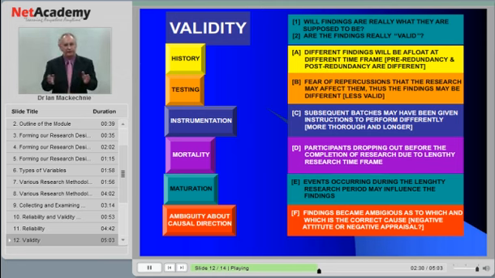Also, we talk here about mortality. If our research is done over a long period of time, we might find that the people who were in the original batch of data that we collected are not there in the middle or at the end. If, for example, we were collecting data in a hospital situation, hospitals are well known for quick, large turnovers of nursing staff.